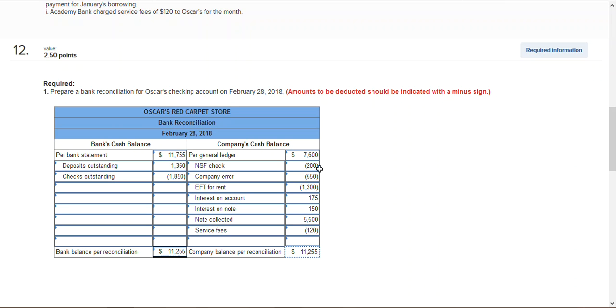If their check bounces, you're going to restore the balance on their accounts receivable because they still owe you the money. So you credited the accounts receivable when you showed the payment. When the payment doesn't clear, you're going to have to debit accounts receivable to put that amount back in there. So that's how that NSF check is going to work.